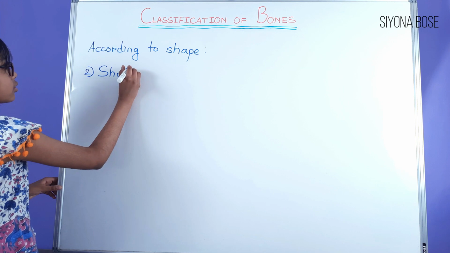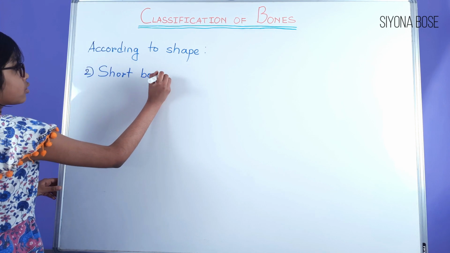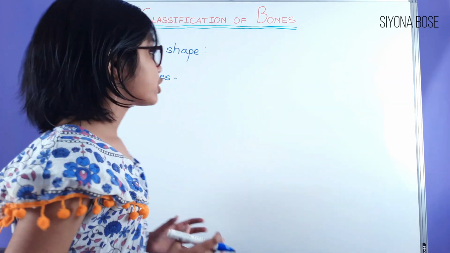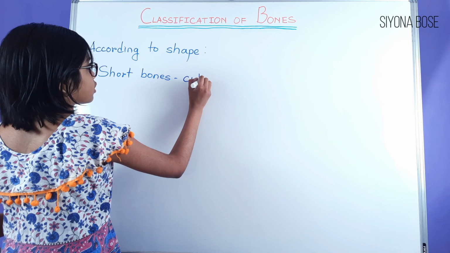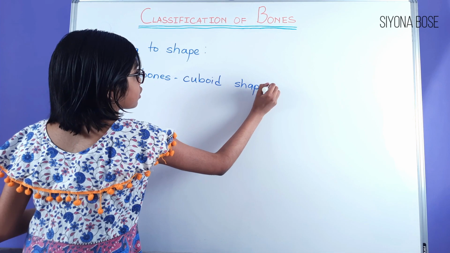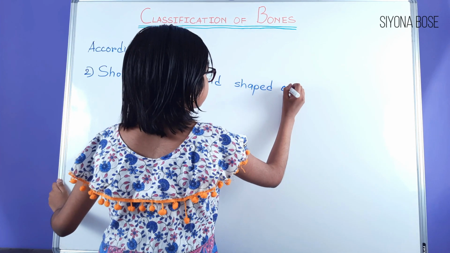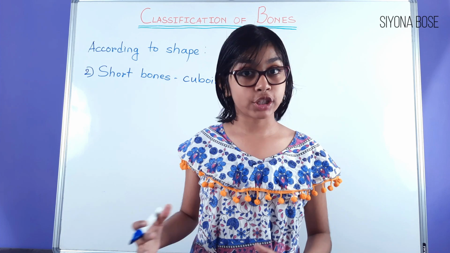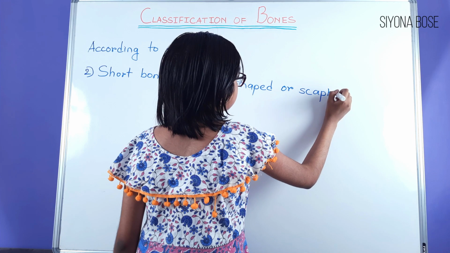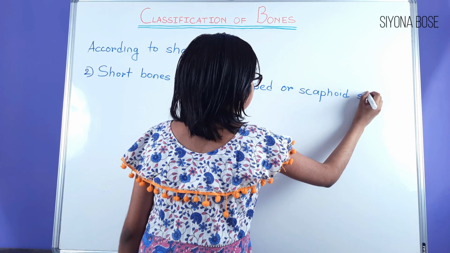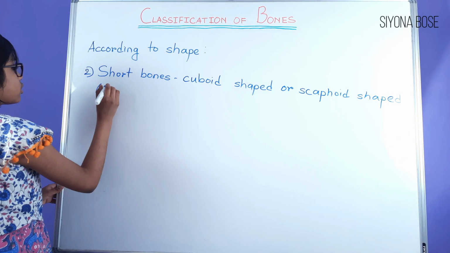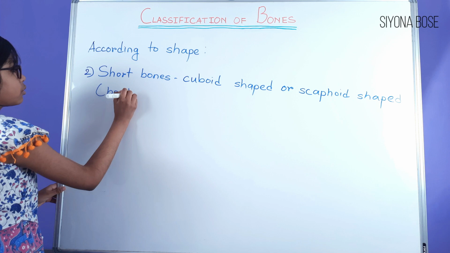Short bones are either cuboid shaped or scaphoid shaped. That means boat shaped.